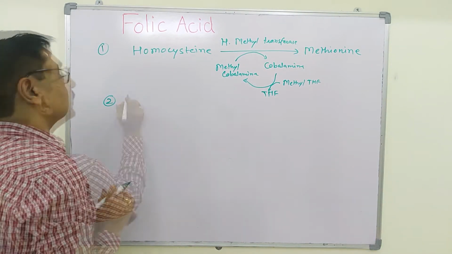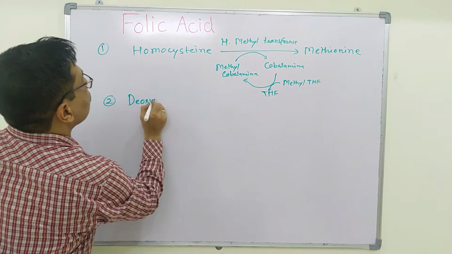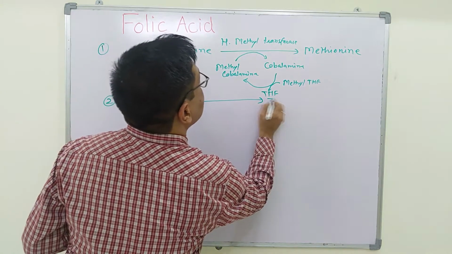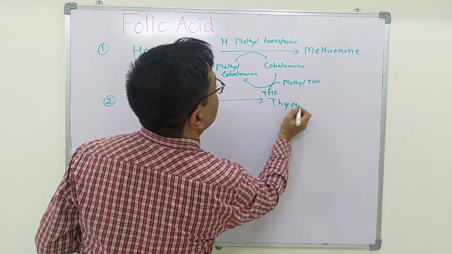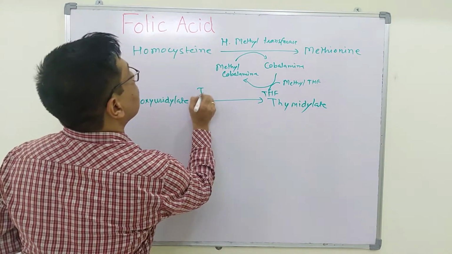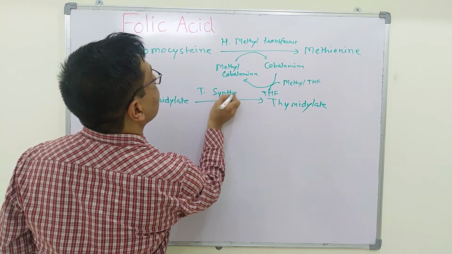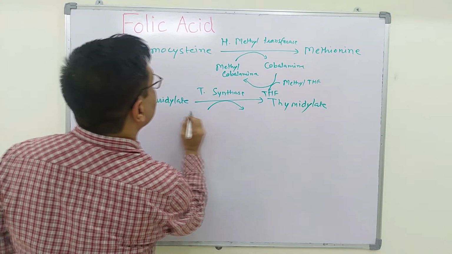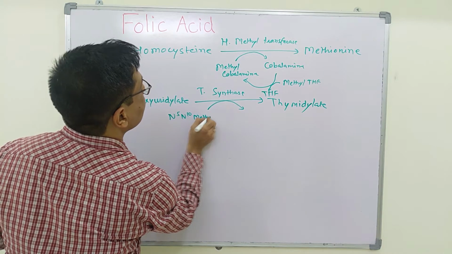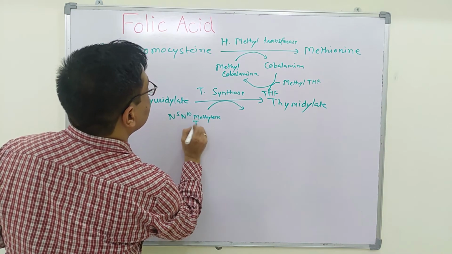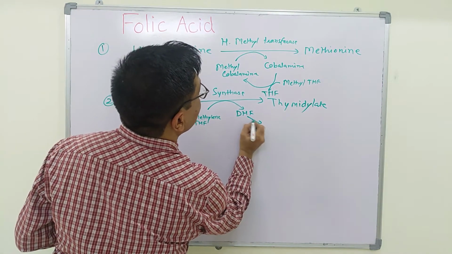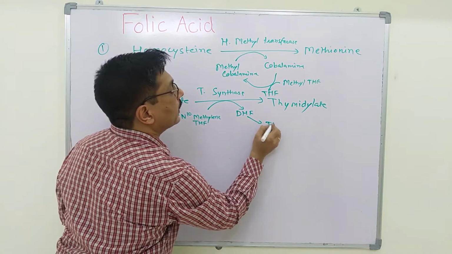Second important reaction is deoxyuridylate is converted into thymidylate in presence of thymidylate synthase, and one carbon unit is contributed by N5N10 methylene tetrahydrofolate, which is converted into dihydrofolate, which is then reduced with dihydrofolate reductase to form tetrahydrofolate.